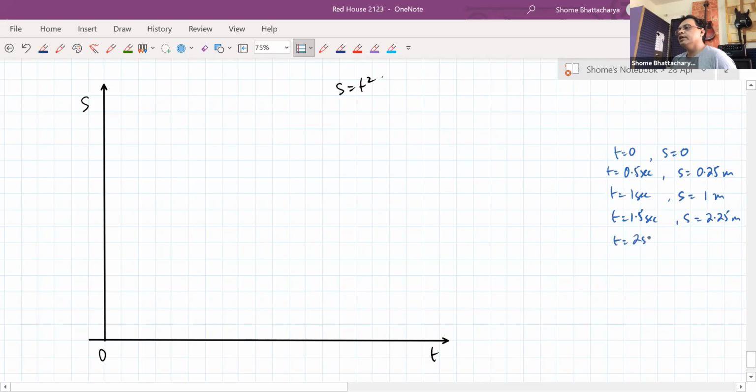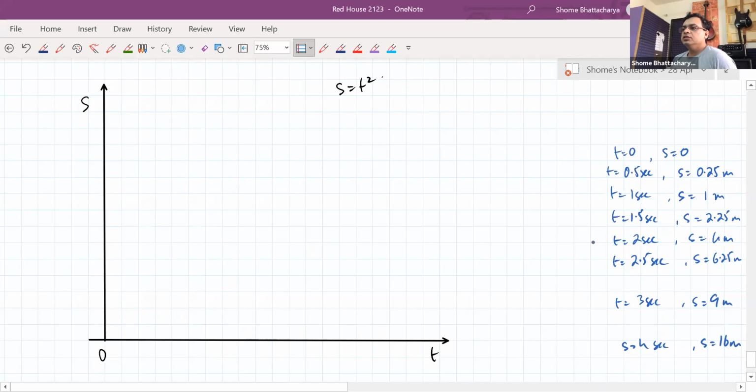At t equal to 2 seconds, s would be 4 meters. At t equal to 2.5 seconds, s would be 6.25 meters. Like this, if you go on plotting, for example, at 3 seconds, s is 9 meters. At 4 seconds, s is 16 meters, and so on and so forth.